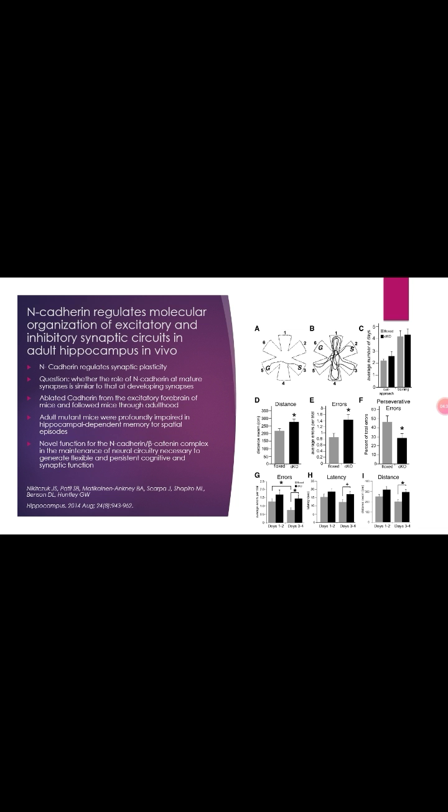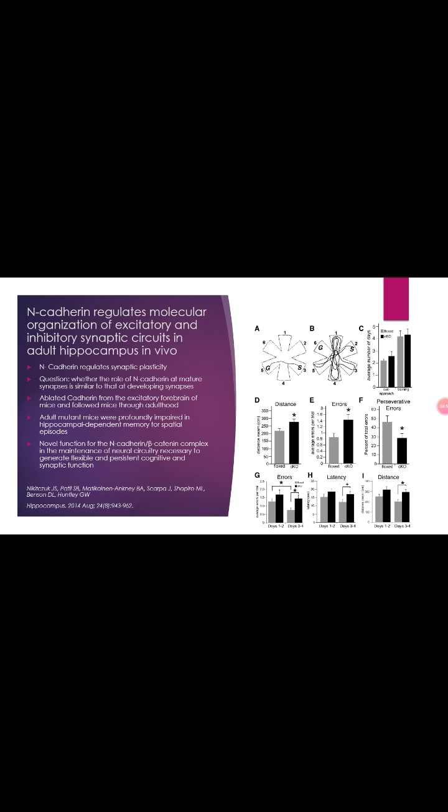The main question of this research paper was whether the role of N-cadherins at mature synapses is similar to that at development stages. What they did was ablate all cadherins from mice right after they were born, and they tracked the development of these mice throughout adulthood.